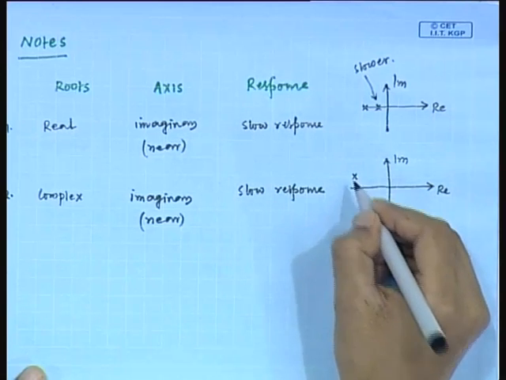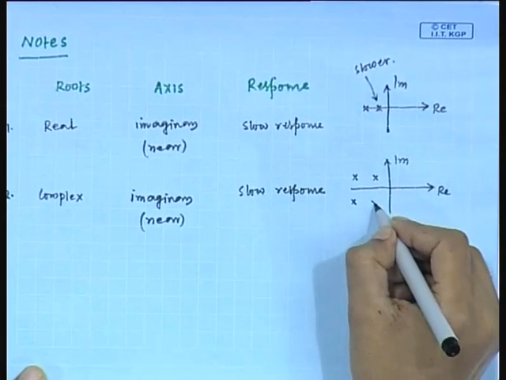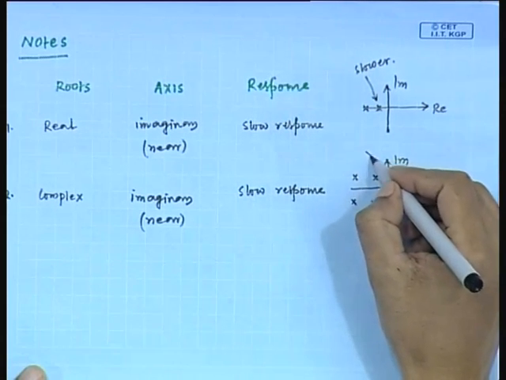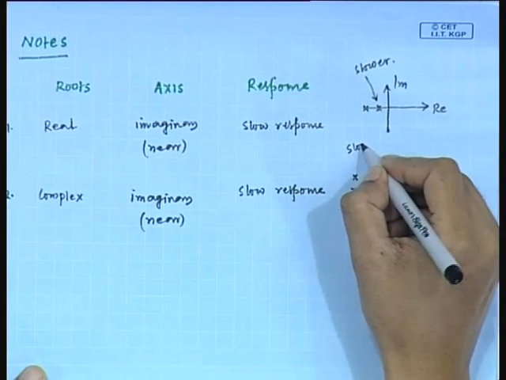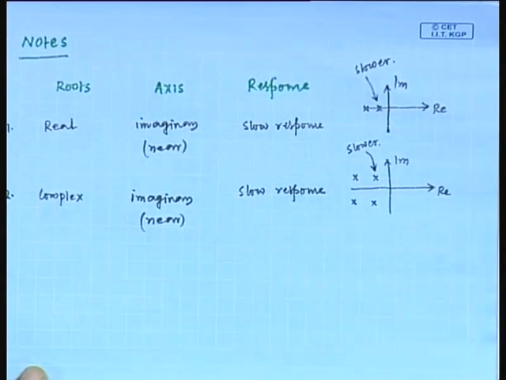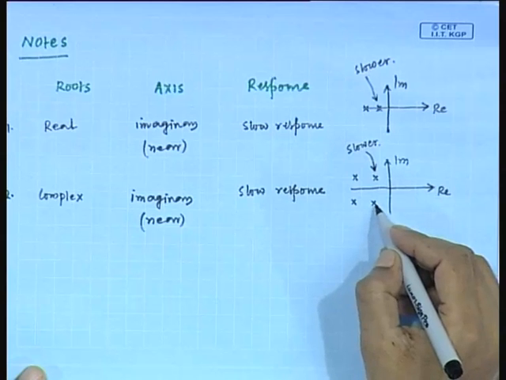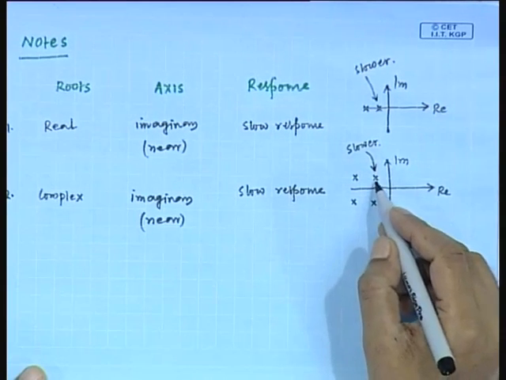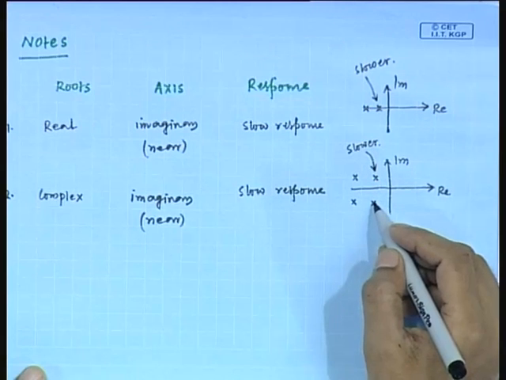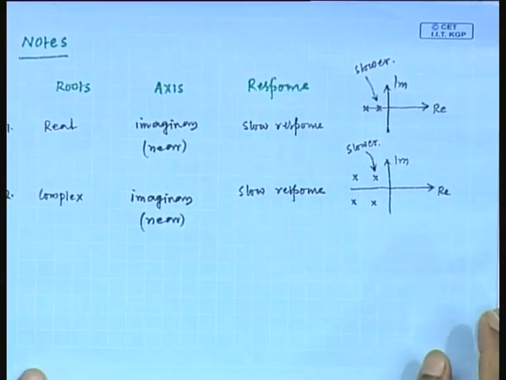Suppose this is one set, this is another set. So this is near to the imaginary axis, so this set will provide slower response. Fine. Among these two complex conjugate roots, this one is near to the imaginary axis. So the closed loop system having these roots will show slower response.